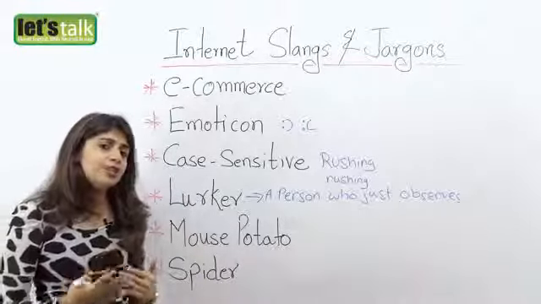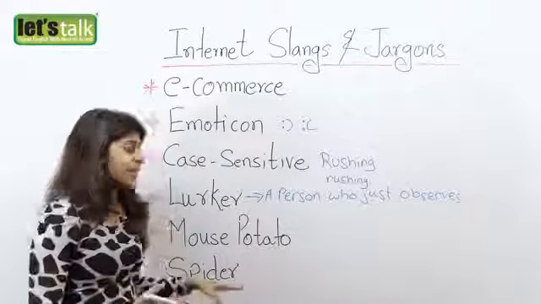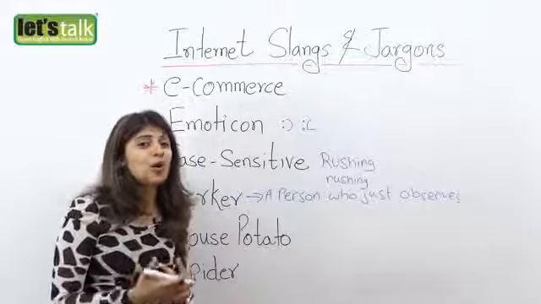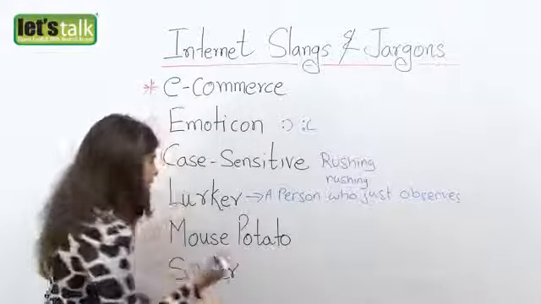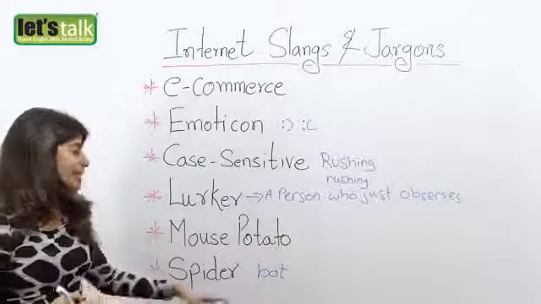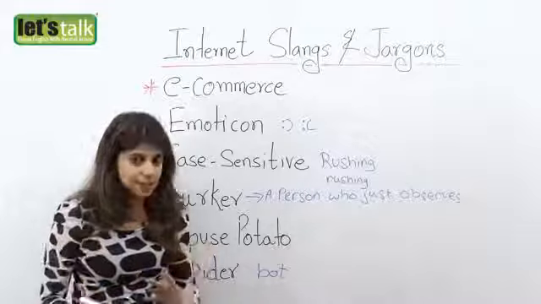A lot of search engines have these programs. Either they are called spiders, or crawlers, or we also have bots. So these are certain programs that are set up by search engines.